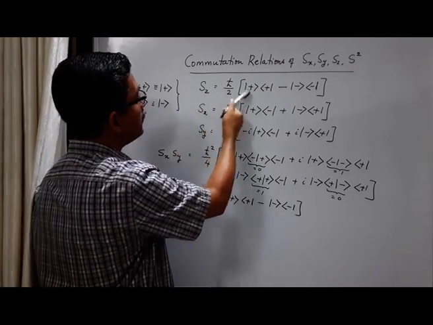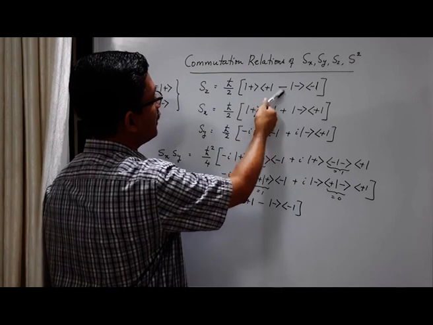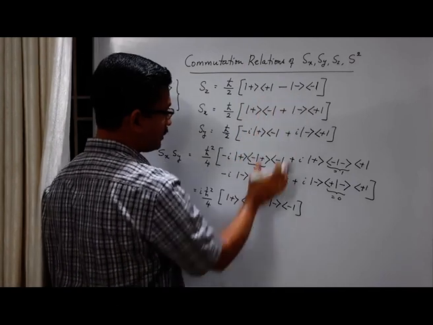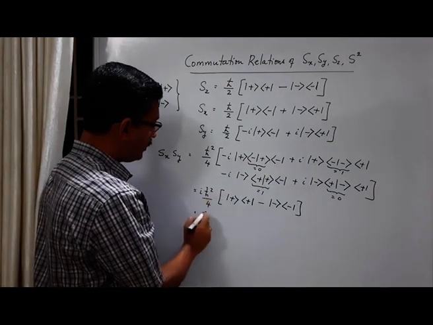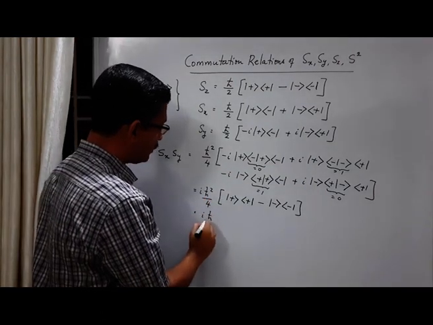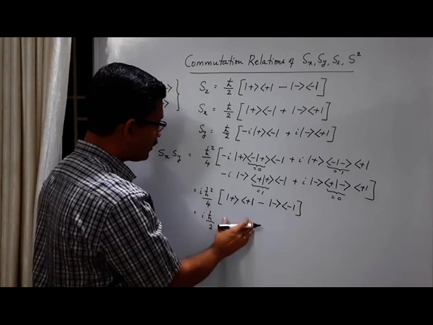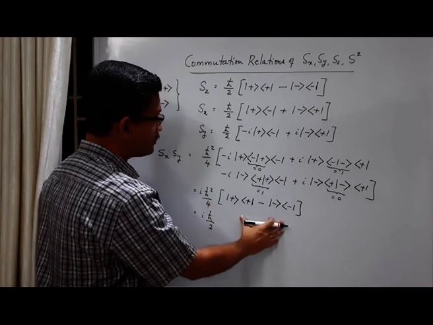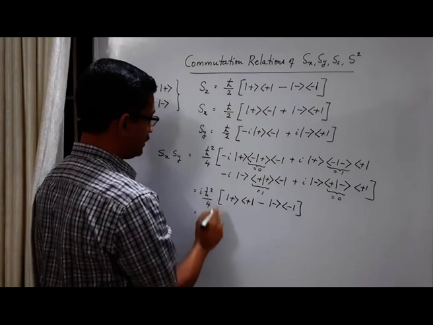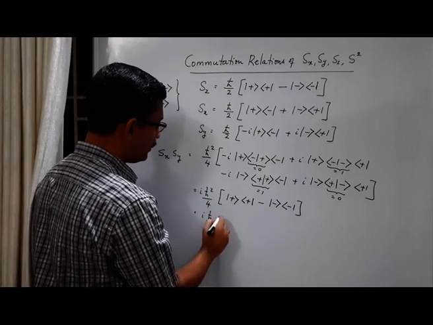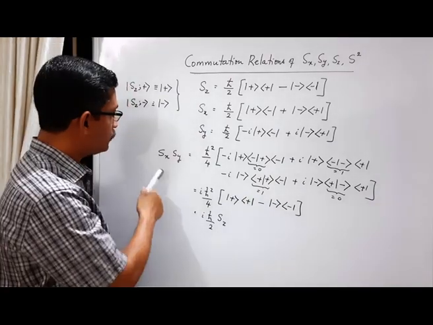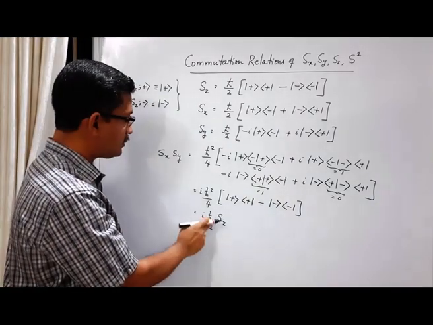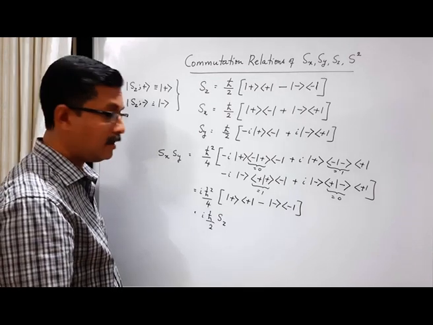Sz is ħ/2 times ket plus bra vector plus minus ket minus bra vector minus. So this part is the same. What we can do is take an ħ/2 from here. So I can write iħ/2 into what is the remaining thing: ħ/2 times this is simply Sz. So this is simply iħ/2 times Sz. So Sx into Sy is iħ/2 times Sz.